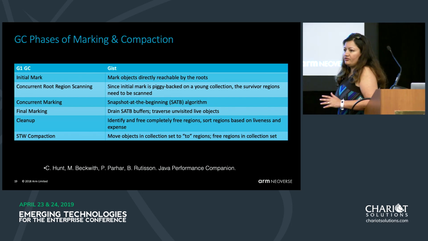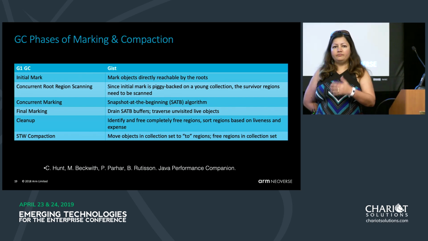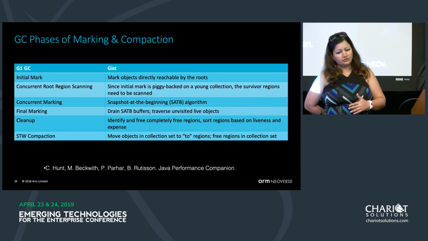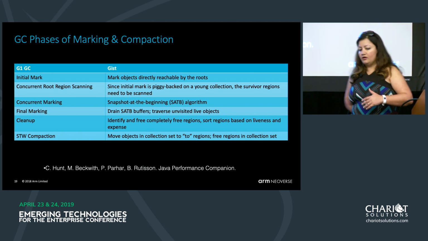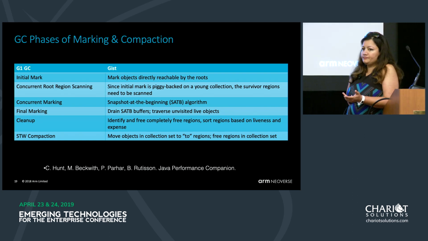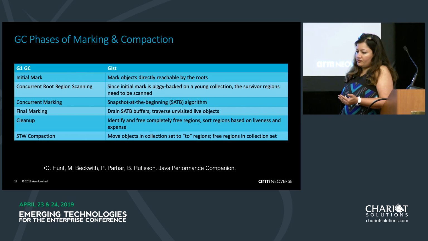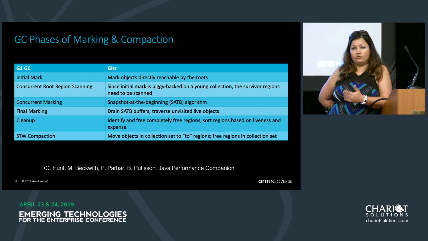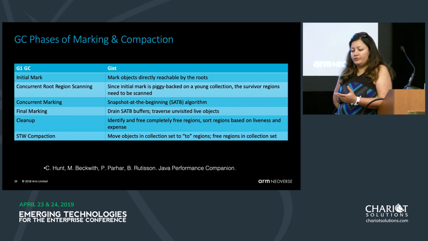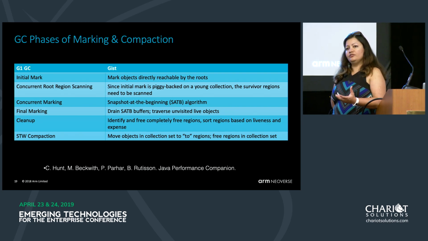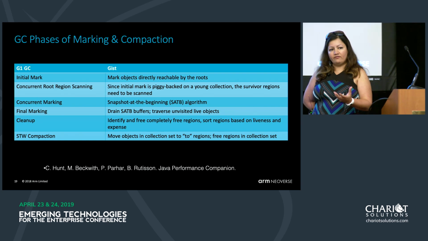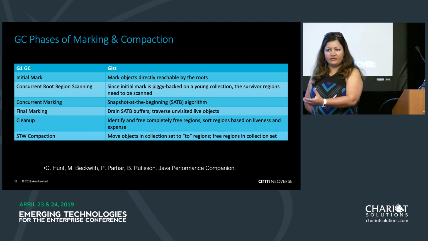Because G1 GC is generational, and because initial mark is piggybacked with a young generation collection, if you look at the GC pauses, you will have the young generation pause, and some of the young generation pauses will also be initial mark. In the young generation, you move live objects from Eden to survivor spaces.